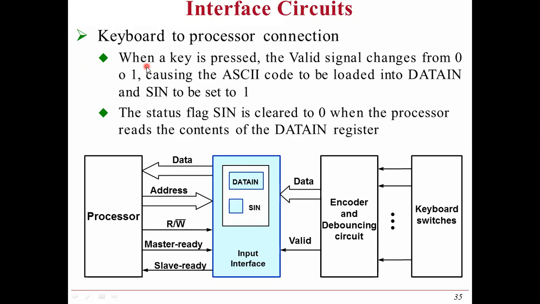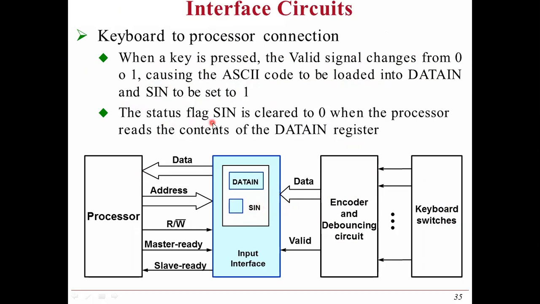See the points here. When a key is pressed, the valid signal changes from 0 to 1, causing the ASCII code to be loaded into data in and SIN to be set to 1. So whenever the keyboard sends the data, it is converted into its equivalent ASCII code, and that data is given to the data in register when the status control flag becomes 1.